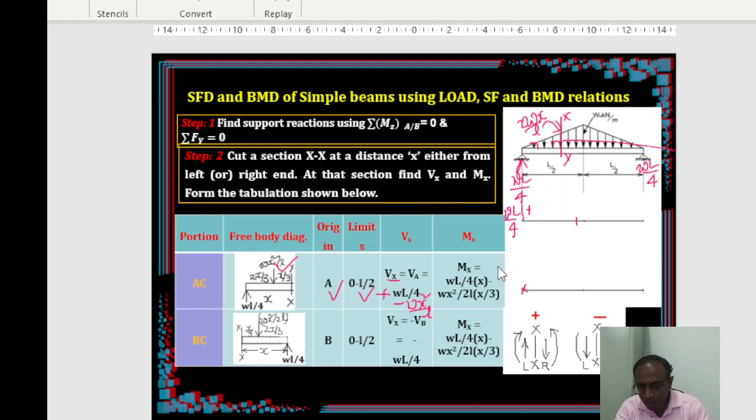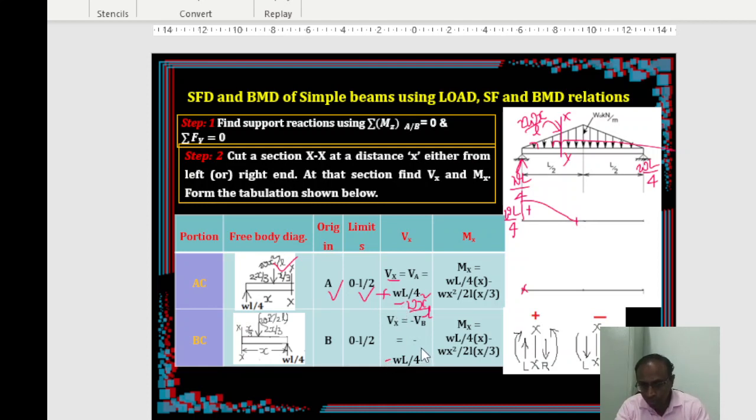How to join? Look at the equation. It is a second order quadratic equation. The x square term is there, so join by a parabolic curve. For the remaining part, you can take a section if you like. In a similar way, the same expression will come. What is the expression?